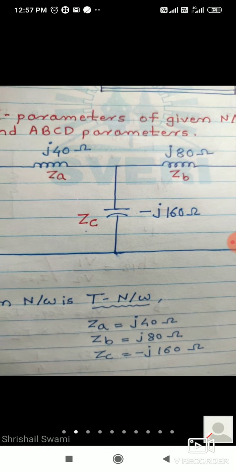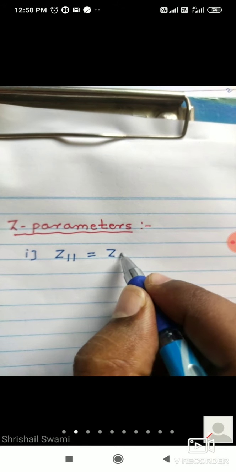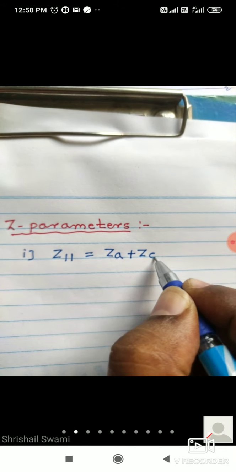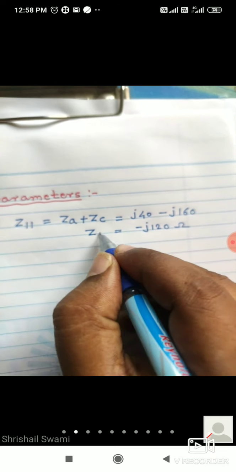What is the formula? First one is Z11. See the network. Addition of these two, ZA plus ZC, that is Z11. ZA is J40 and ZC is minus J160. So the answer is minus J120 ohm. That is the answer of Z11.